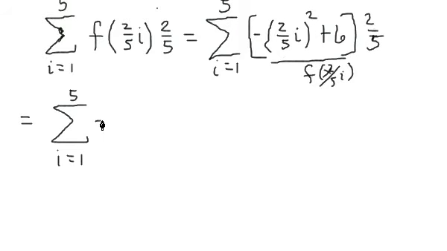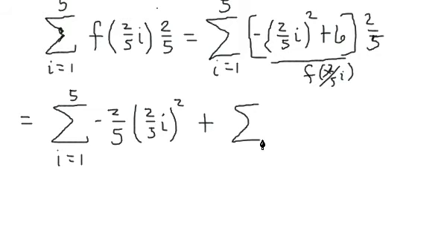So this becomes negative 2/5, and then this is 2/5 i quantity squared, plus, now you see I'm separating this because we have an addition sign here, and we have the sum from i equals 1 to 5, and of course taking the 2/5 and multiplying it by 6, so that ends up giving us 12/5.